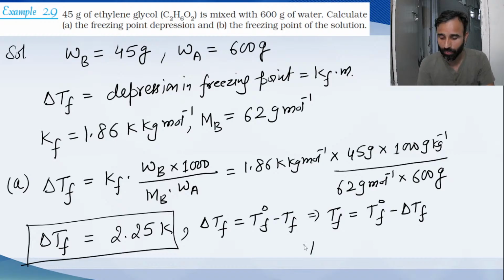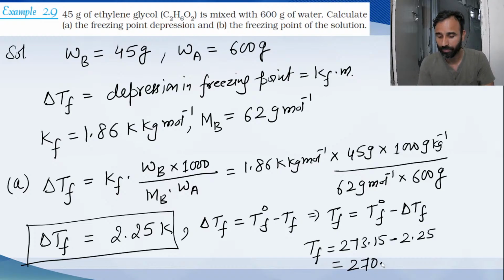So TF is equal to 273.15 minus 2.25. It comes out to be 270.9 Kelvin. So this is the freezing point of the solution.